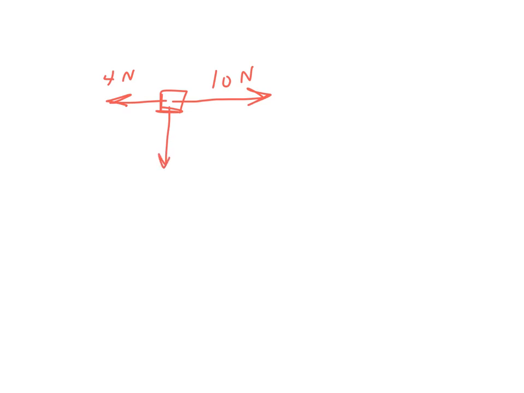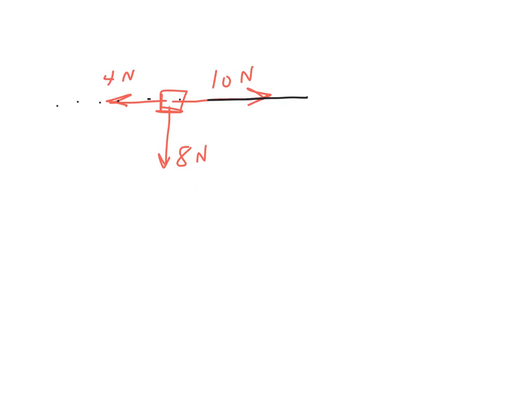So let's say this is 8. Okay, so what I would first do is I would first combine together the things that I can combine together, the things that are pointing along the same line. So that would be everything along this x direction. I have 10 newtons forward, 4 newtons backwards.